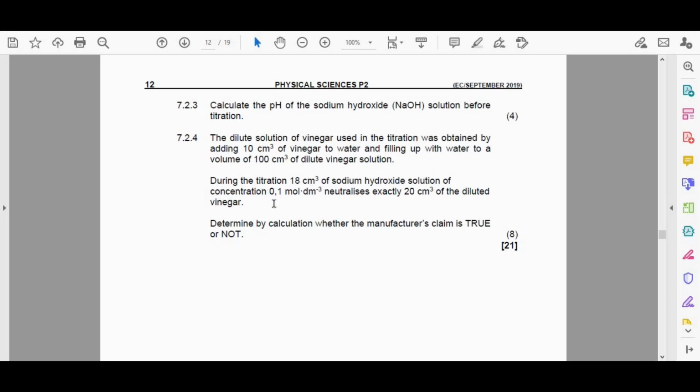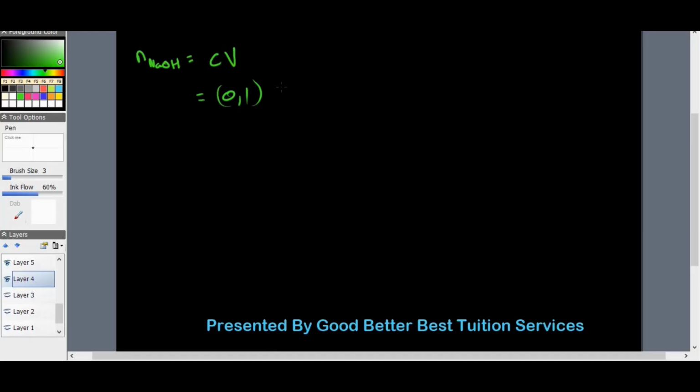And we said during titration 18 cubic centimeters of sodium hydroxide neutralizes 20 cubic centimeters of diluted vinegar. So 18 cubic centimeters divided by 1,000 would be 0.018 decimeters cubed, and we get a value of 1,8 times 10 to the power of -3 mole. And that would be the amount of moles of sodium hydroxide.